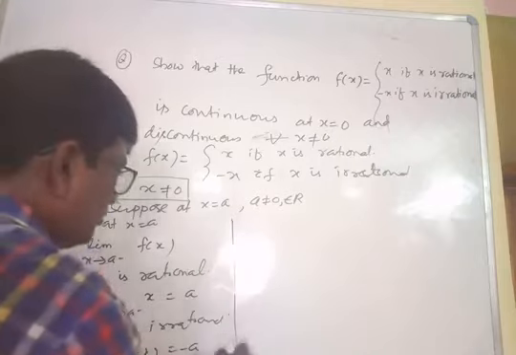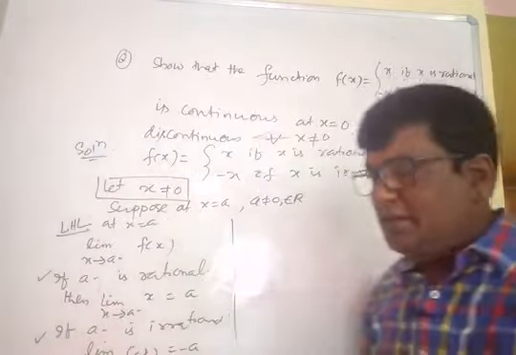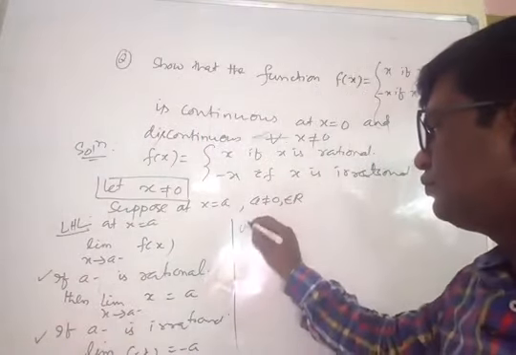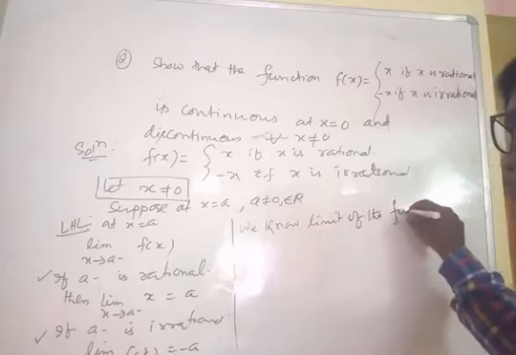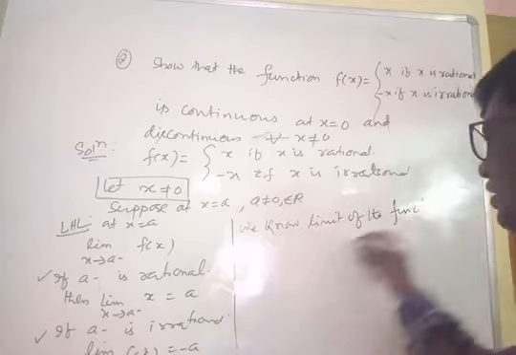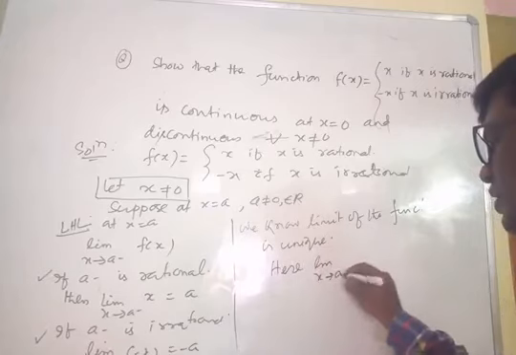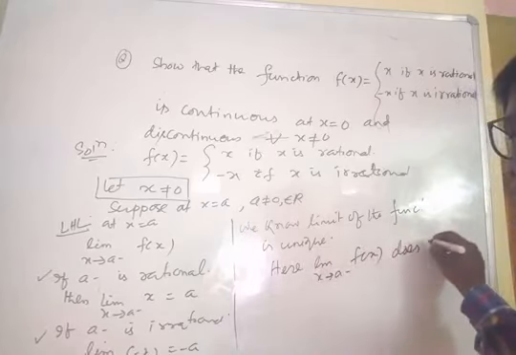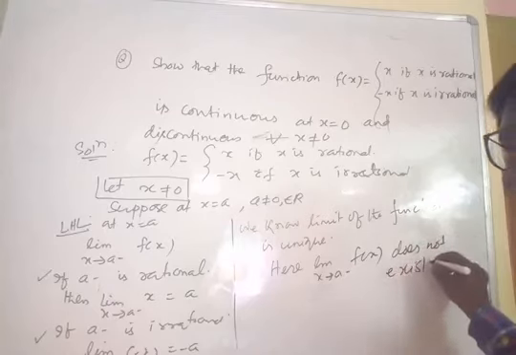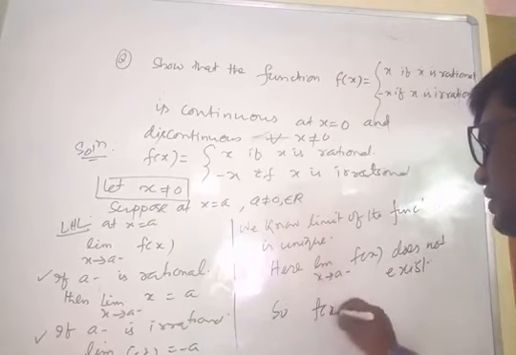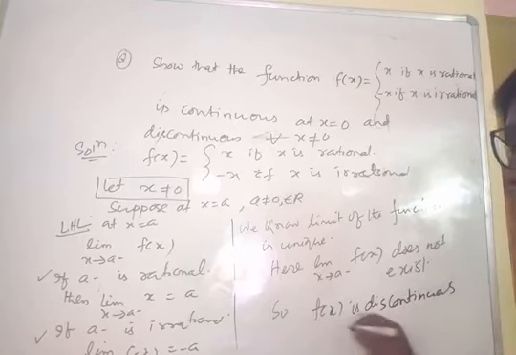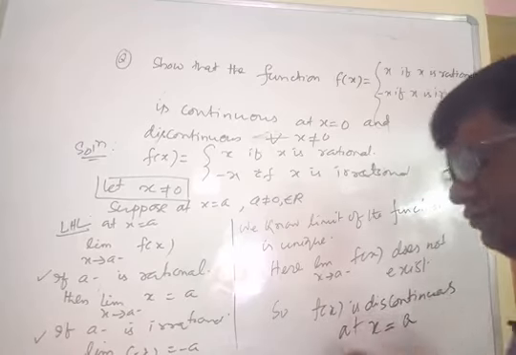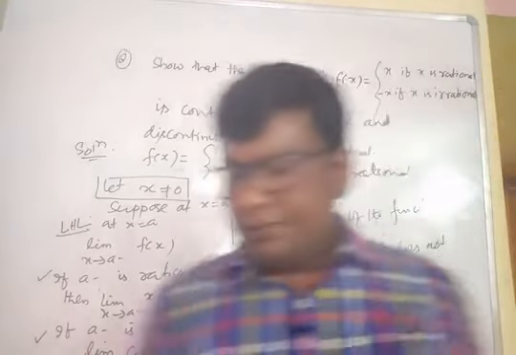We know the limit of a function is unique, so here limit x tends to a minus of f of x does not exist, so f of x is discontinuous at x equal to a. Similarly, another question.